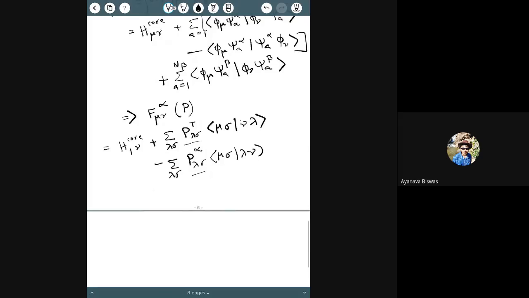Now let me tell you something about what can happen when you solve these unrestricted Pople-Nesbet equations. Since you allow the spatial parts to be different, they may turn out to be different.